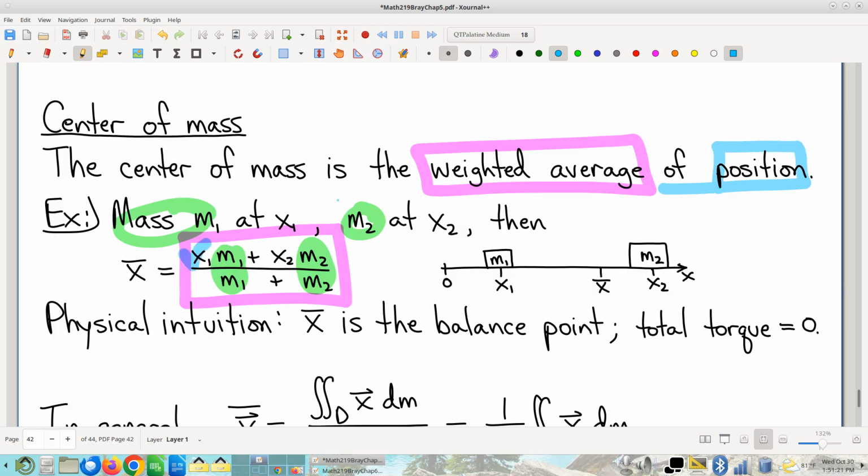So position, where they are on the x-axis, these given x1 and x2, those are what we're averaging. And when you compute that out, what you will get is a point like this. You'll notice that the larger weight of M2 pulls the weighted average closer to M2, because it has more mass and therefore has more weight in the average.